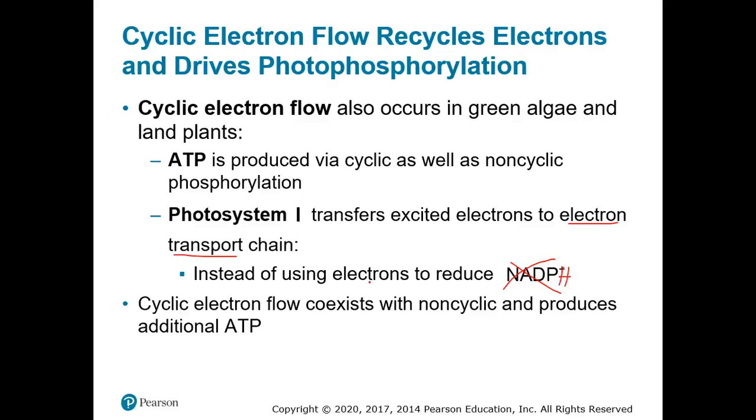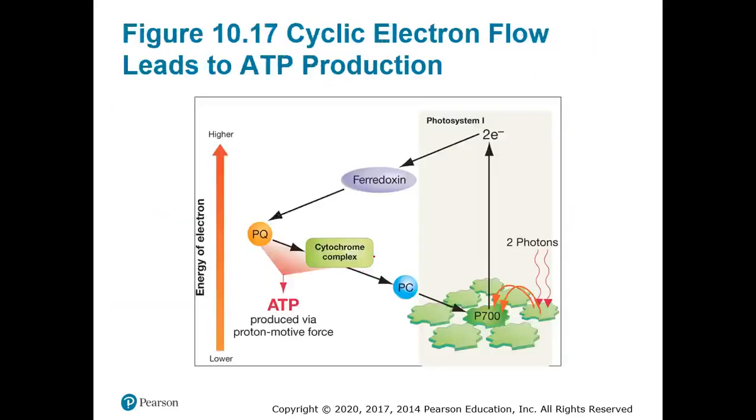Now, the fun part about cyclic electron flow is that it actually can happen at the exact same time as non-cyclic electron flow. So all of this can happen all at once. So here's what's going on here. Here's our electron transport chain of photosystem 2. Here's our photosystem 1.